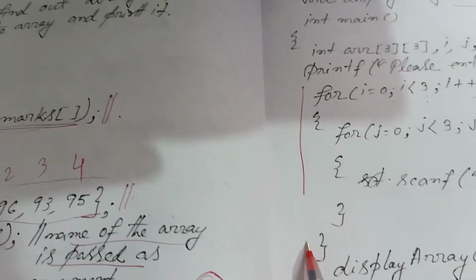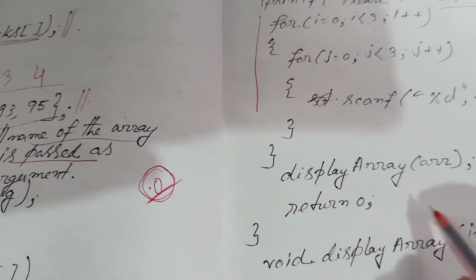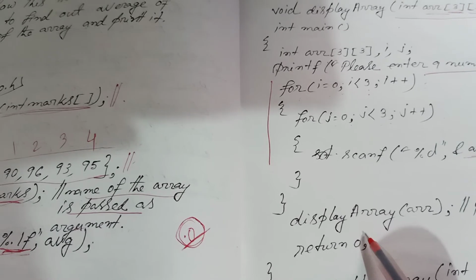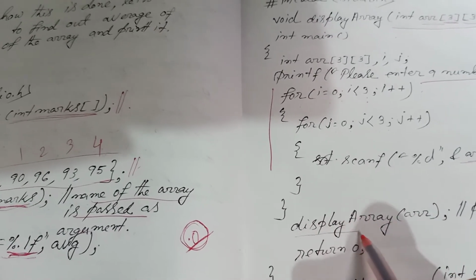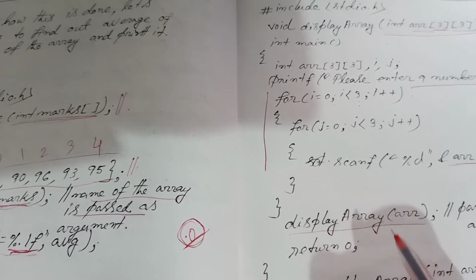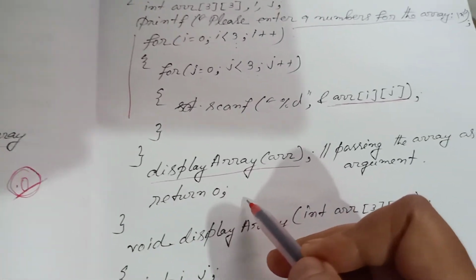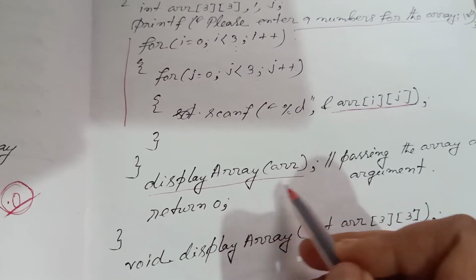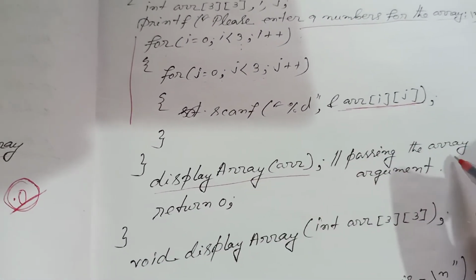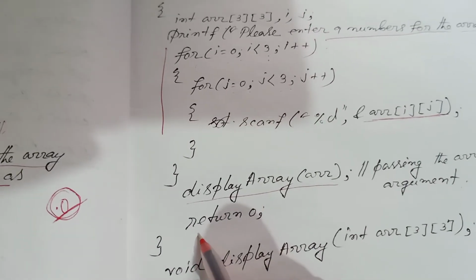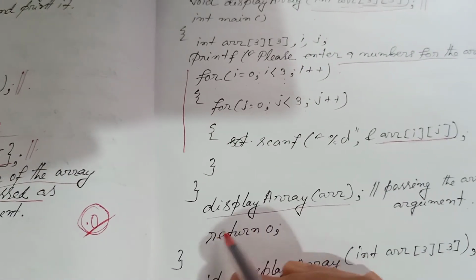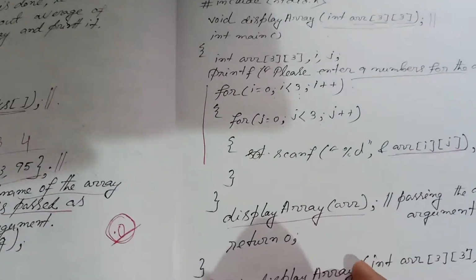Now this is the main function. Now display, now calling the user defined function display array of arr, passing the array as argument, return 0. Okay. Here we are calling it in the main function.